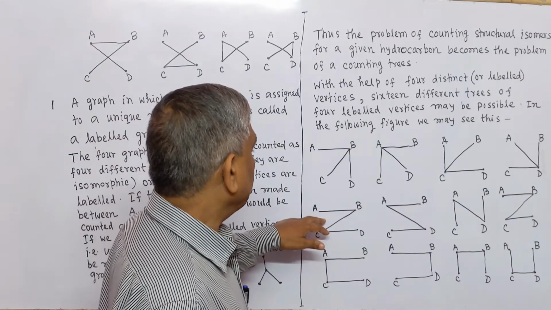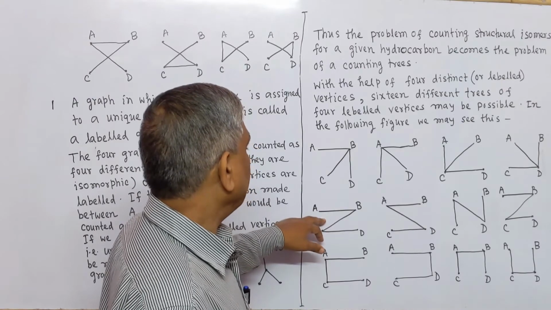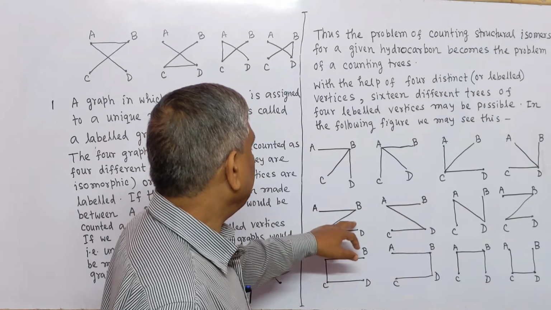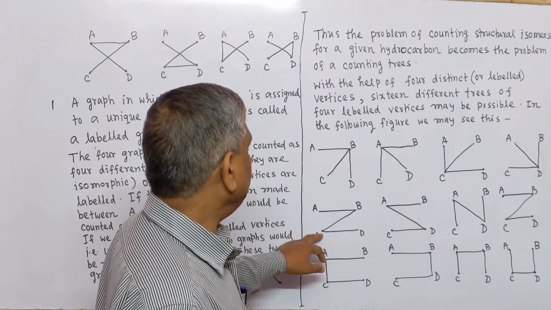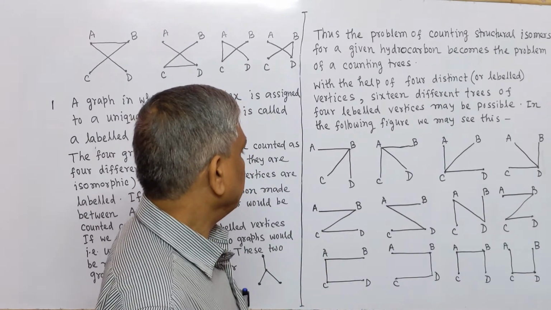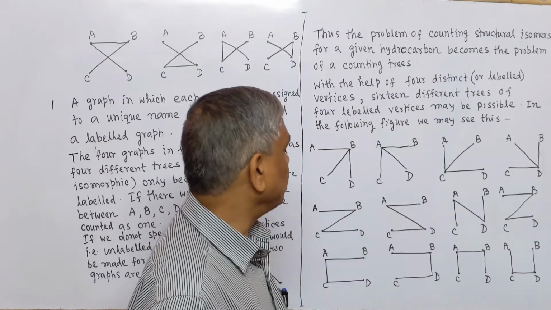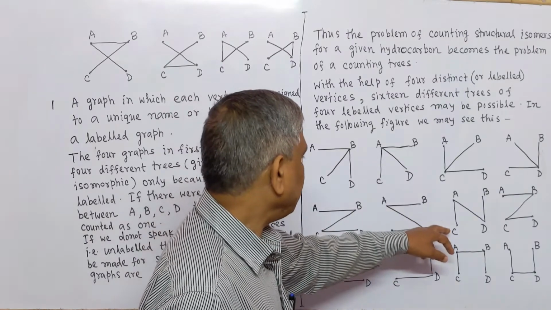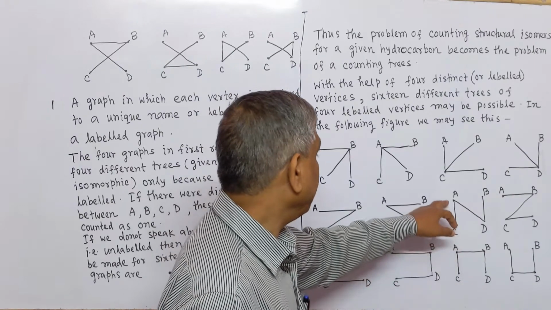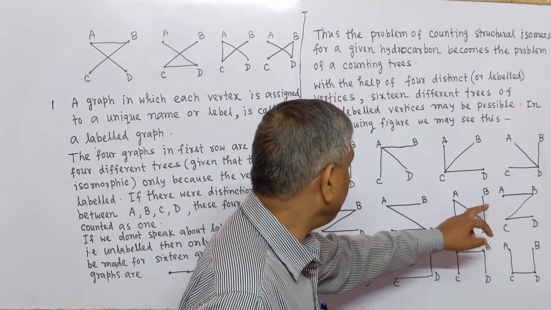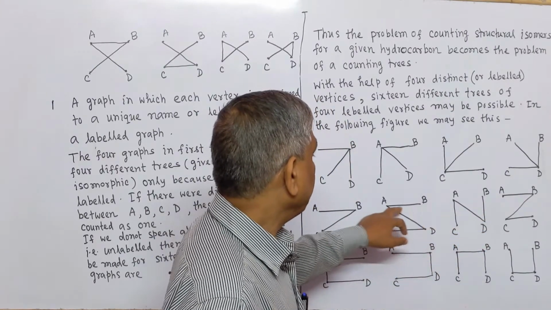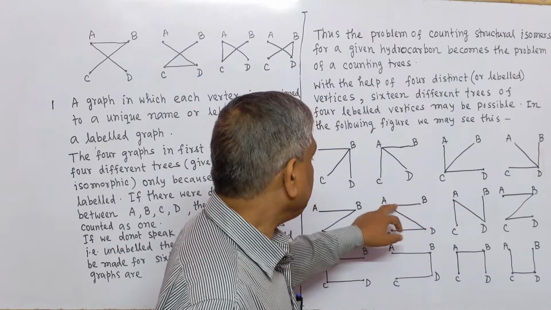In the second row, we see that here degree of B and C be 2. In the second figure, degree of A and D be 2. And in the third figure, degree of A and D be 2, but A and B are connected here.